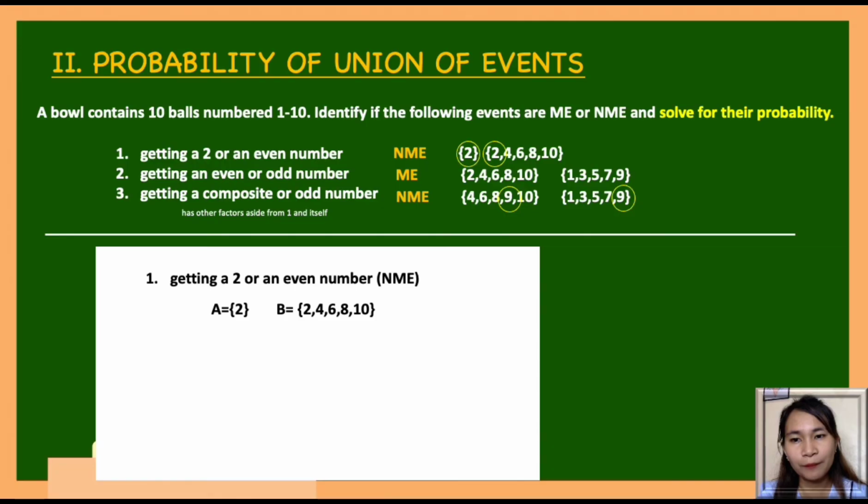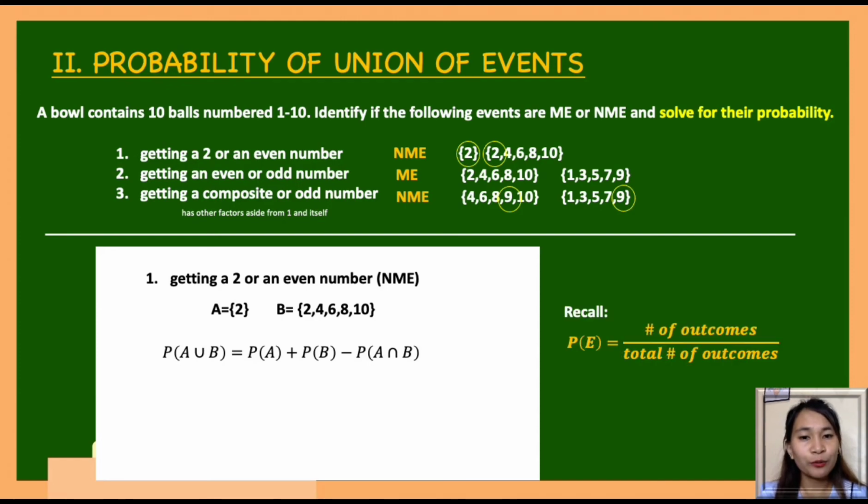So we will be using this formula: the probability of A plus the probability of B minus their intersection. Recall how we identify the probability of an event: the number of outcomes divided by the total number of outcomes.